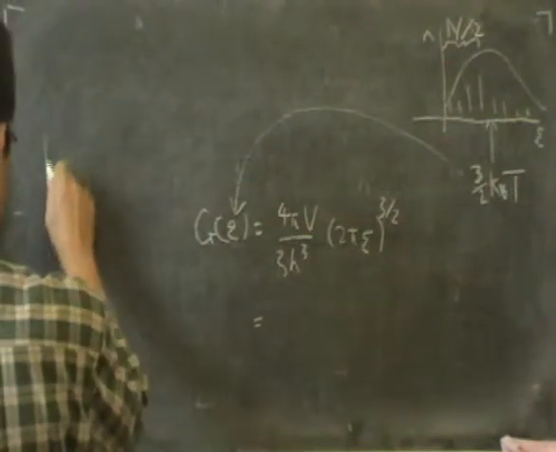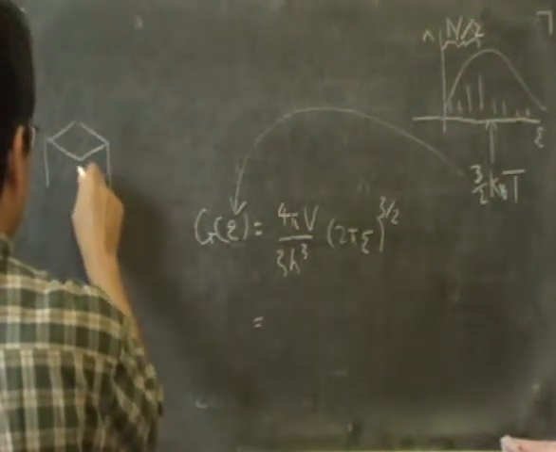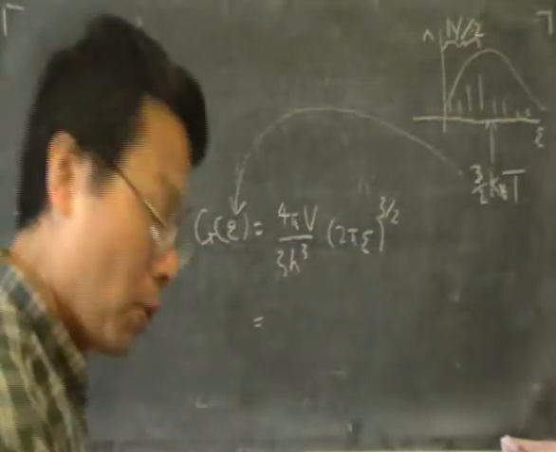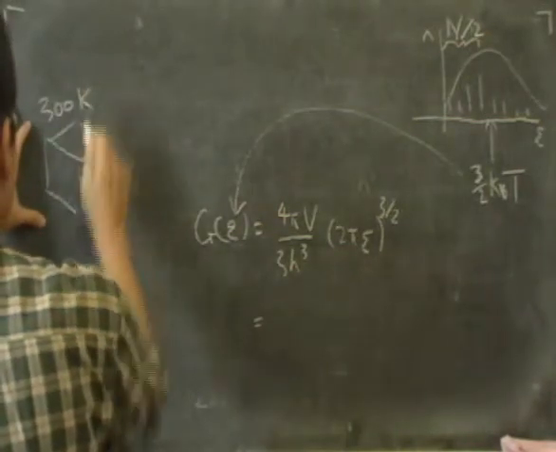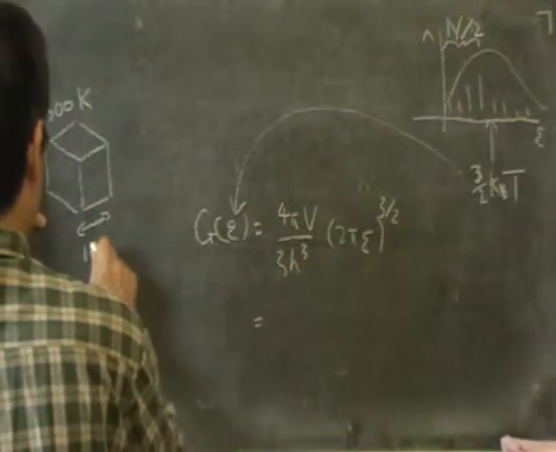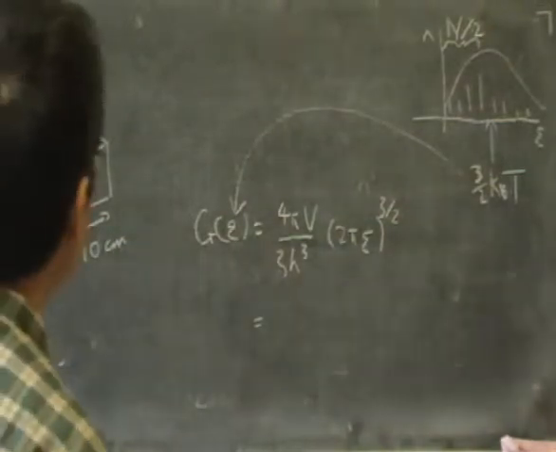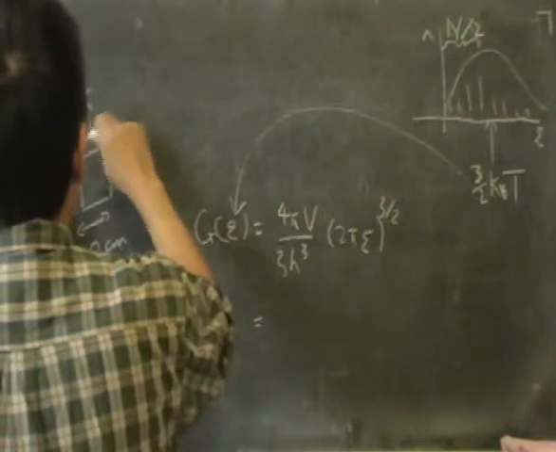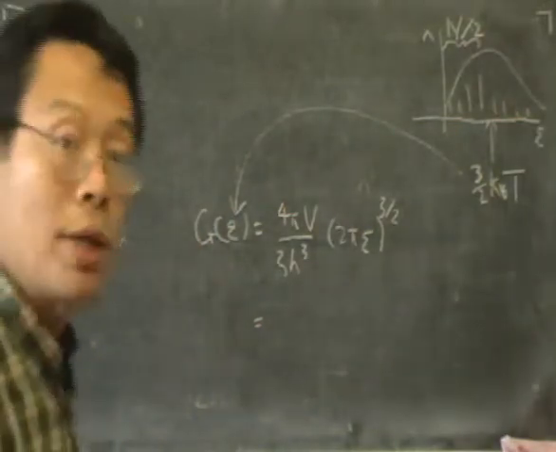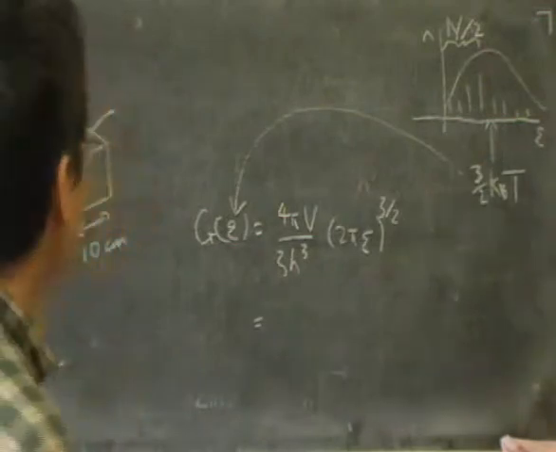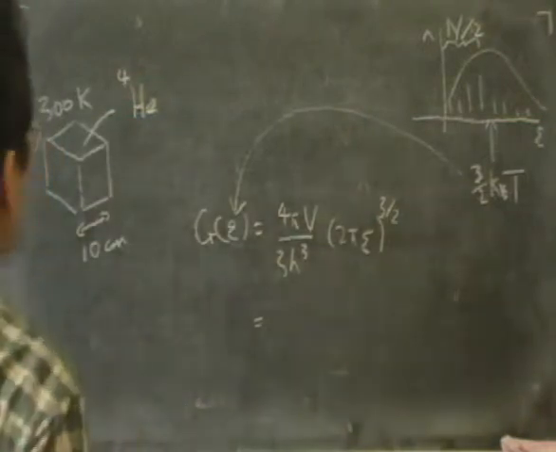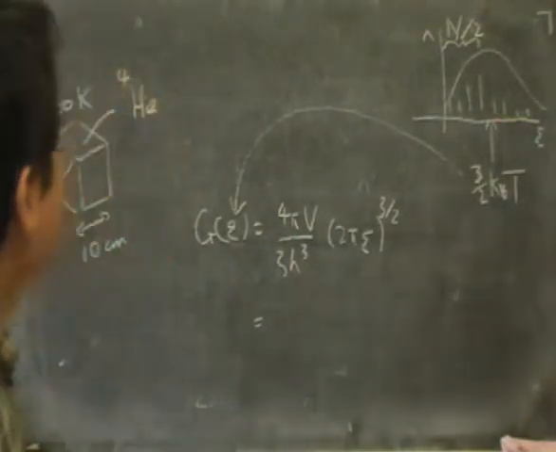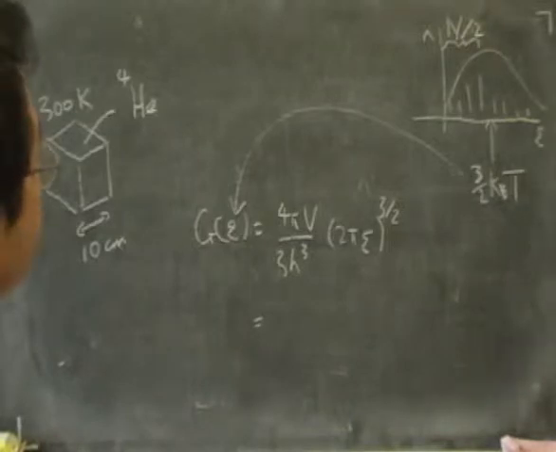So let me just assume, say, a small box of gas at roughly room temperature, so 300 Kelvin, a small box of say 10 centimeter cube of the gas, and something that would be quite close to an ideal gas would be a noble gas like helium. So a helium gas, and each atom of helium has a relative atomic mass of 4. Right, and I believe that's about all we need.